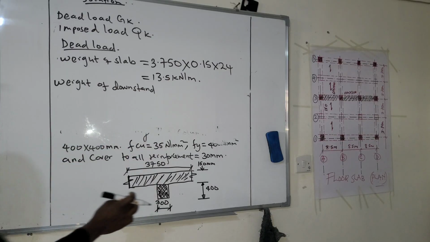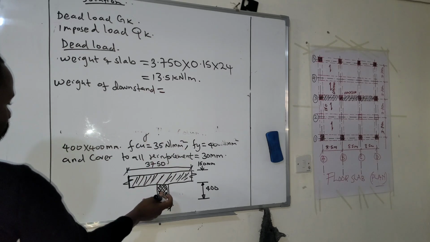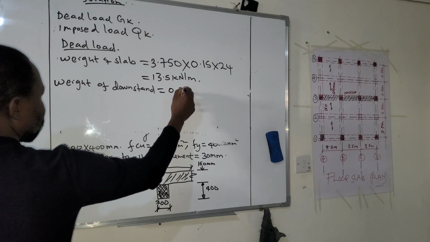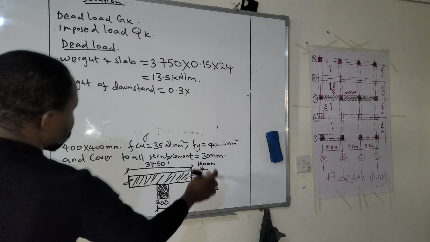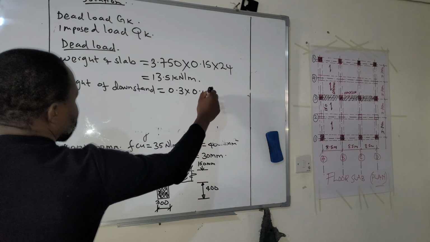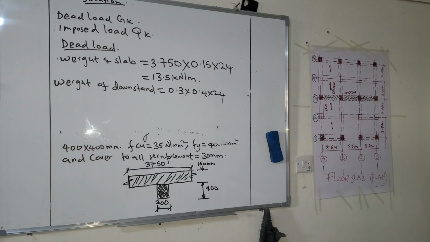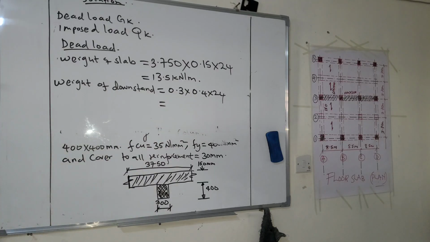So the weight of the downstand is equal to the area of this downstand, which is 0.3, we have converted 300 to meter, times 0.4 times 24. Again, we have converted 400 millimeter to meter. So this one is equal to 2.88 kilonewton per meter.